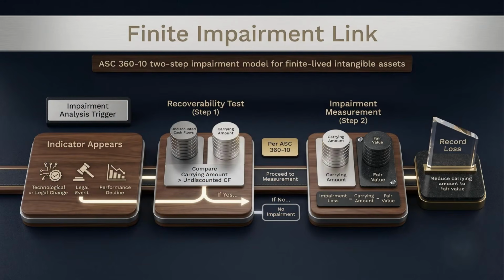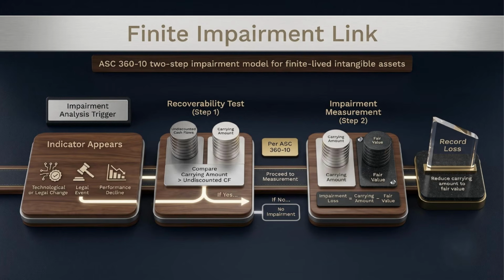Finite lived intangible assets connect to the long lived asset impairment model in ASC 360. Unlike goodwill or indefinite lived intangibles, finite lived intangibles are not automatically tested every year. Instead, impairment analysis begins when an indicator appears, such as technological change, legal damage, poor performance, or other adverse events.